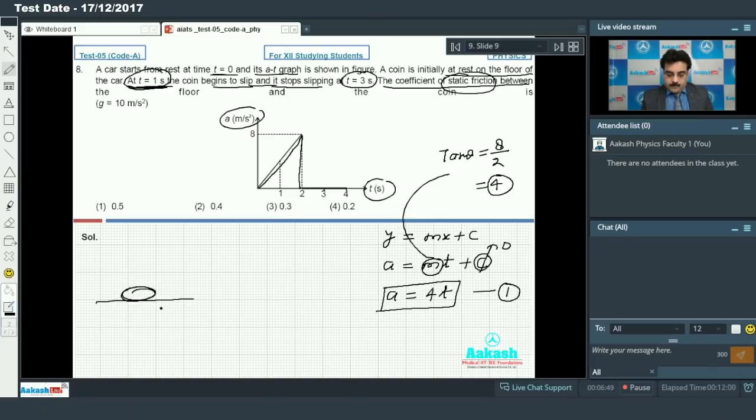And we know that if friction force is greater or equal to the external force, then coin will not move, because we need static friction. So if I use this relation, we'll write mu mg is greater or equal to ma. m is the mass and a is the acceleration. So mass will cancel out.